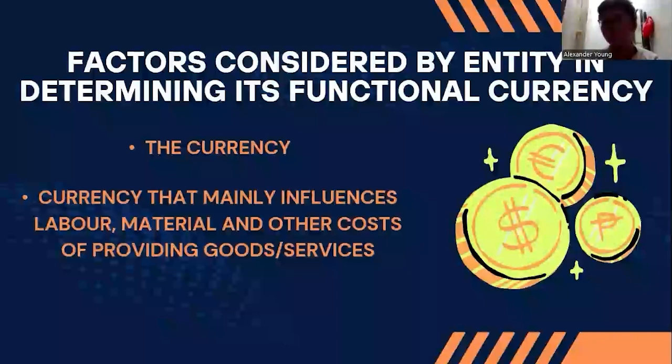Let's say we are exporting to the USA, although our branch is in Vietnam. So the USD is the second factor. And the next one is the currency that mainly influences labor, material, and other costs.